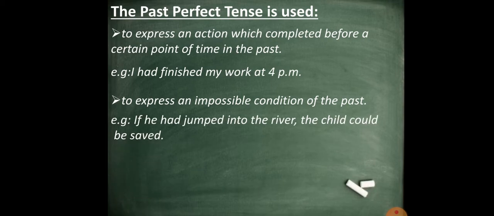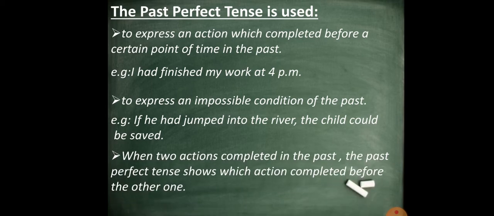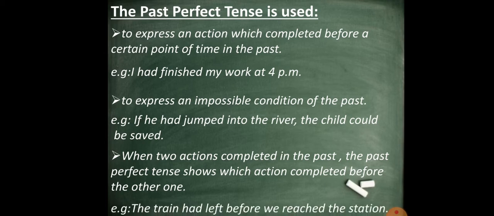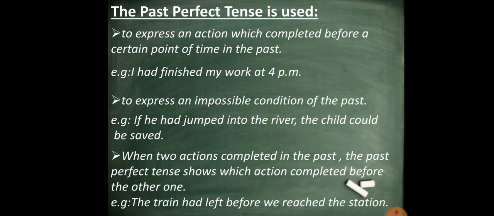Example, if he had jumped into the river, the child could be saved. It is also used when two actions completed in the past. The past perfect tense shows which action was completed before the other one. For example, the train had left before we reached the station. So it tells us which action was completed first.